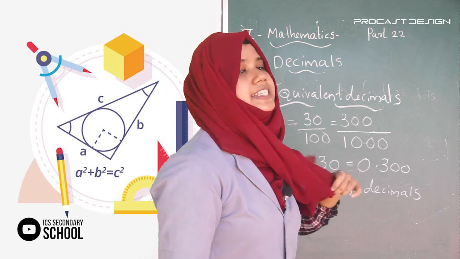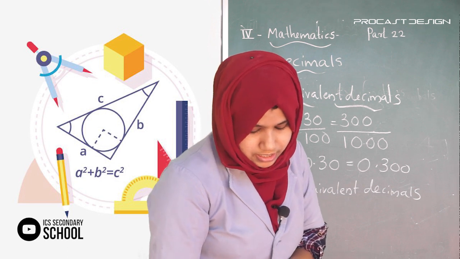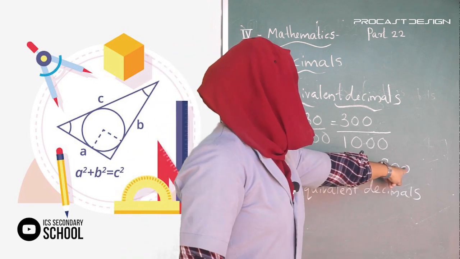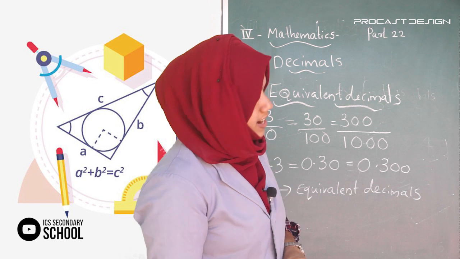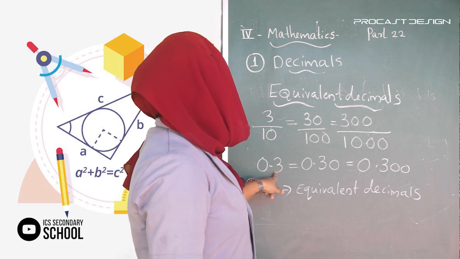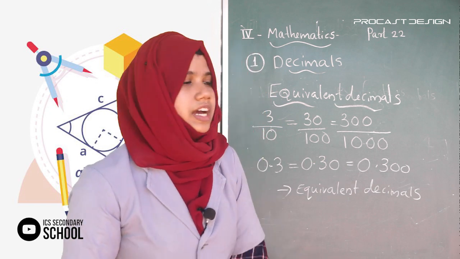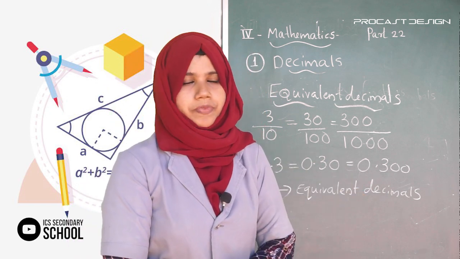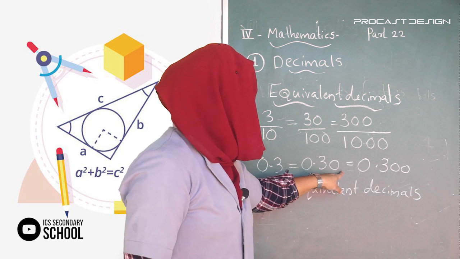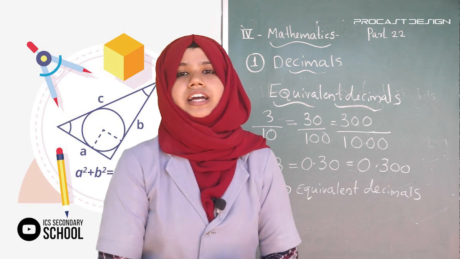The value of the decimal number does not change even if zeros are added to the extreme right of the digit after the decimal point. Here zeros are added, here only 1 zero, 2 zeros and so on. So the value of the decimal number does not change if zeros are added to the right of the digit after the decimal point.